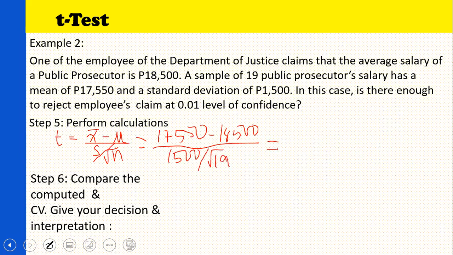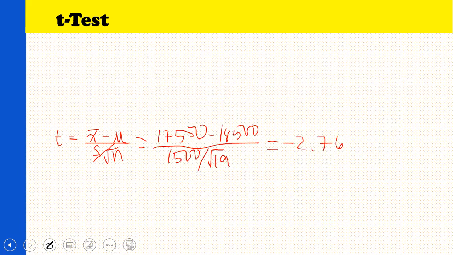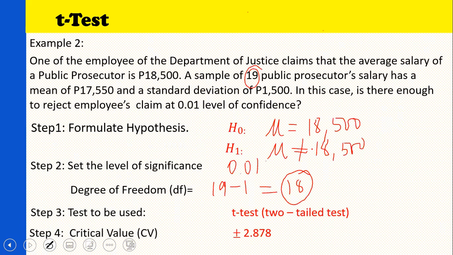So therefore, we have 17,550 minus 18,500. Therefore, we have negative 2.76. Remember, our critical value is 2.878.